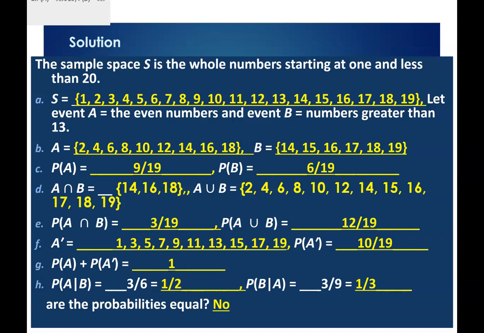And then we have B given A is 3 out of 9, so that's 1/3. So the probabilities are not equal. And you could do the long way around with the formula. You could do 3/19 over 6/19, and then the 19ths would reduce out and you'd get 3/6.